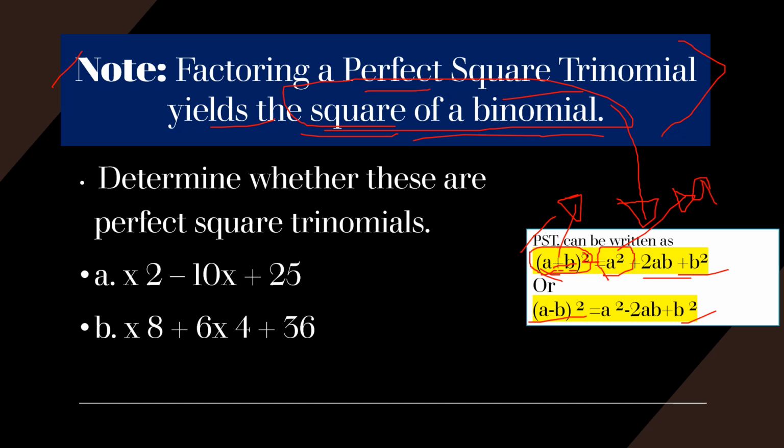Then you see the 2ab, which is twice the product of the first and the second term, a and b. Lastly, the b squared is the square of the second term.